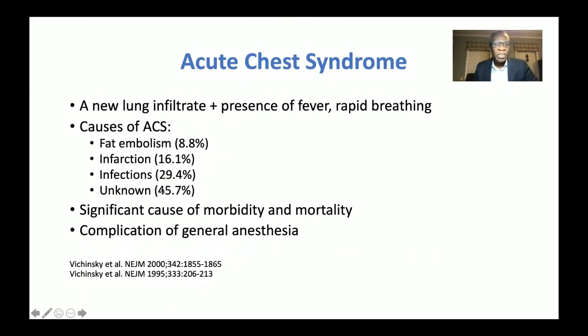But what is significant is that it may occur at the time when the patient has a vaso-occlusive pain event. As a result, treatment should include broad-spectrum antibiotics, including ceftriaxone and macrolides. Also of note, acute chest syndrome could occur as a complication of general anesthesia.